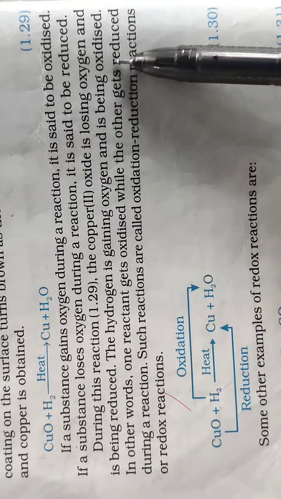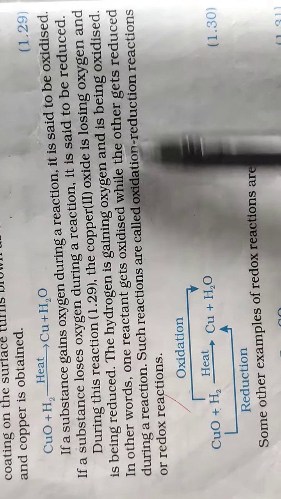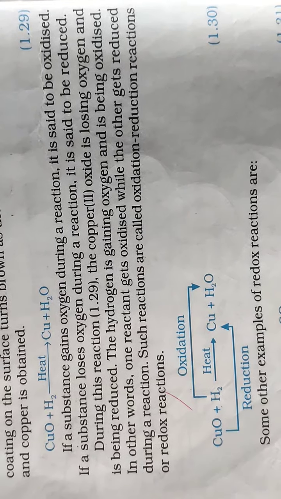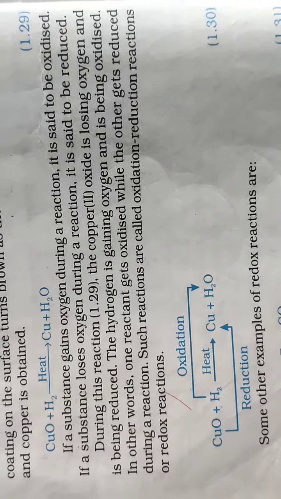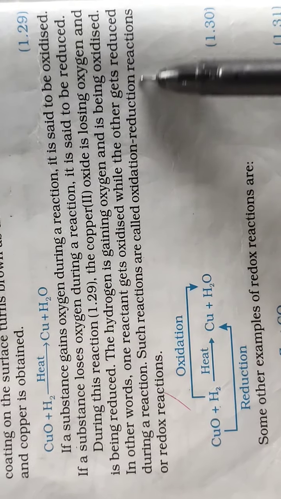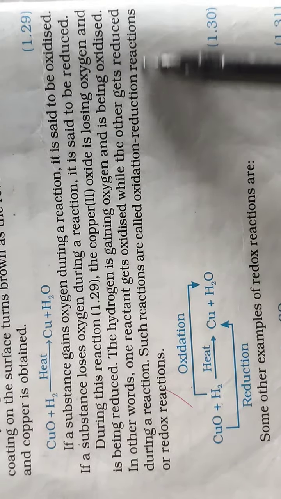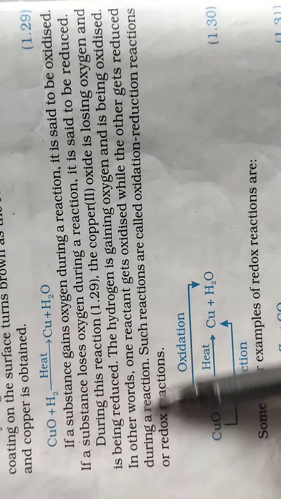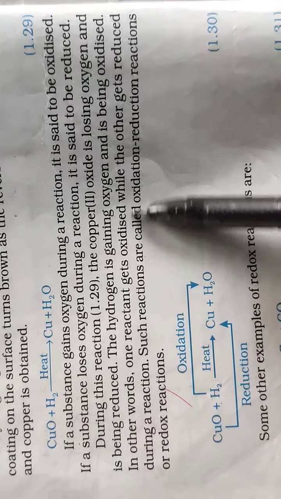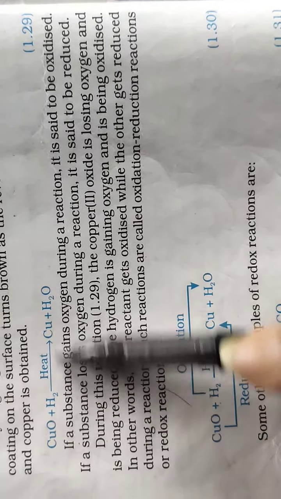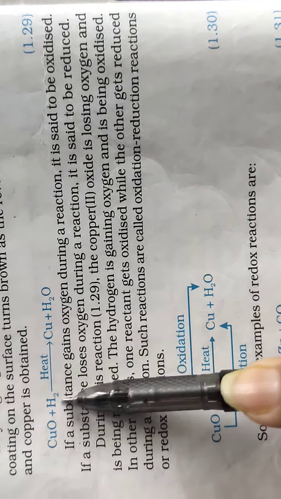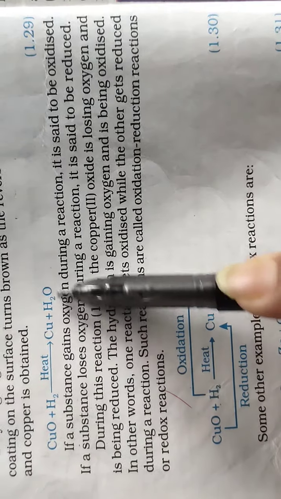In chemical reactions, oxidation and reduction occur simultaneously. That is why this type of reaction is also called an oxidation reduction reaction. One reactant gets oxidized while the other gets reduced.